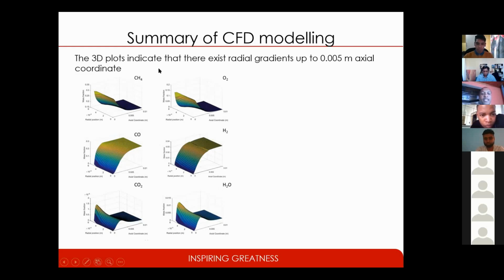So when you look at these 3D plots, you will realize that the radial gradients exist up to just 0.05 meters of axial coordinates. Beyond that, they disappear. And after the first few millimeters of the catalyst entrance, you will realize the steep gradients in the total oxidation products, meaning that the complex interplay, or the competition I spoke about between total and partial oxidation, does exist.